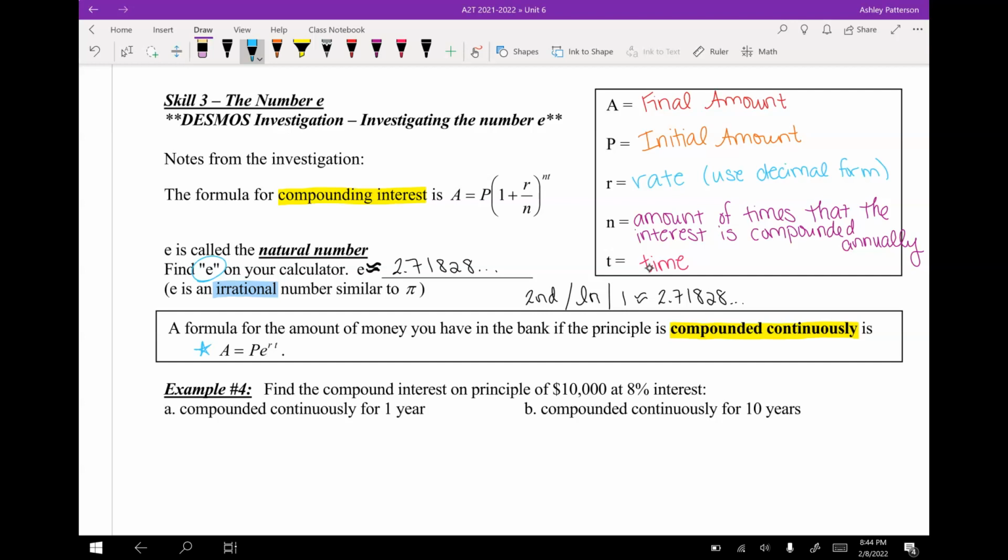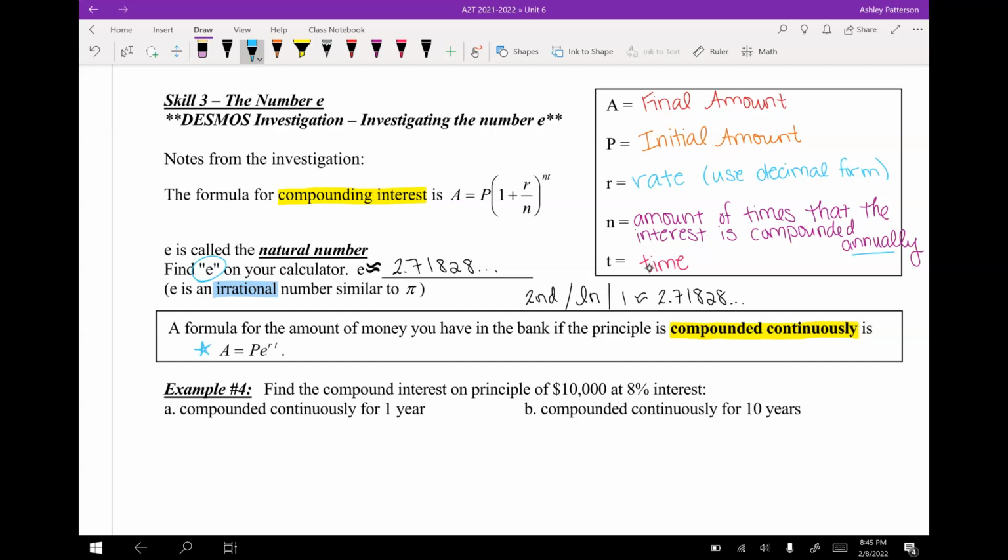Now, usually, if it's compounded yearly, that first compounding interest formula that we see is compounding off of not necessarily the principal, but how much money you have in the account at each time that it is compounded. Something to note, this is annually.